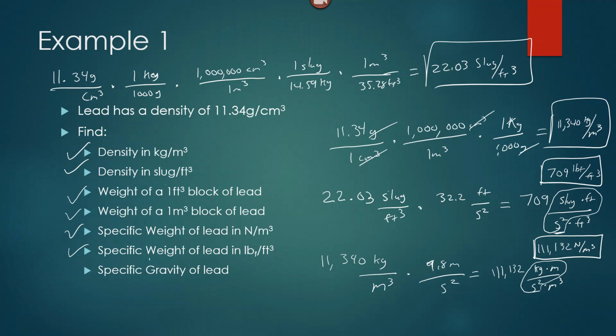We can check mark off those. The last one's really just specific gravity, and that's pretty simple. We can take anything we want to. We could take this one, we could take that one. All of these different units could actually come up with the same answer.